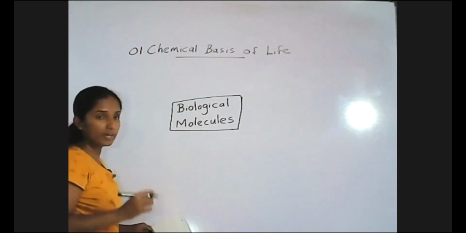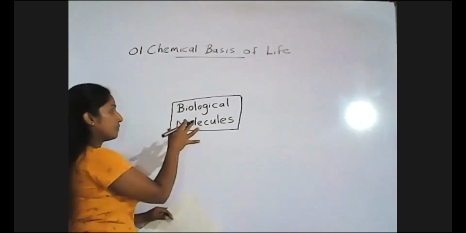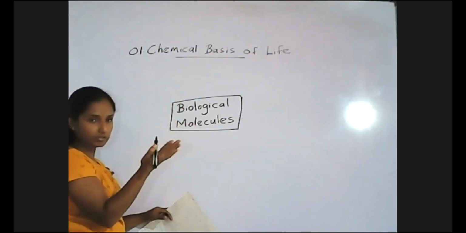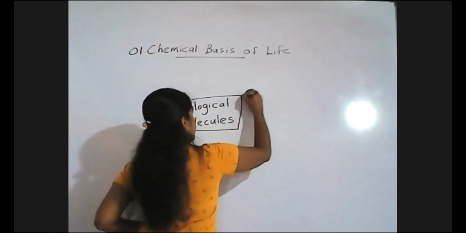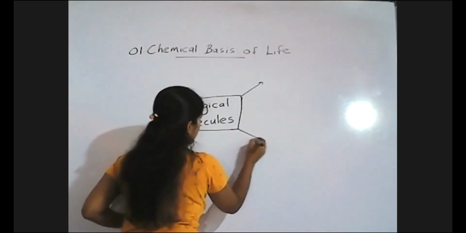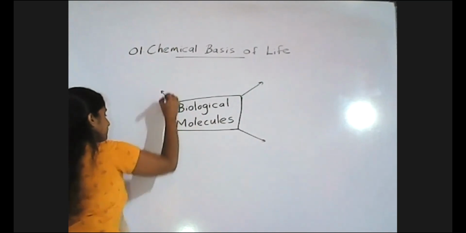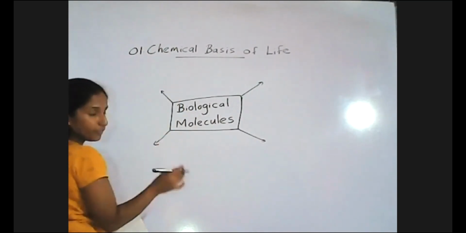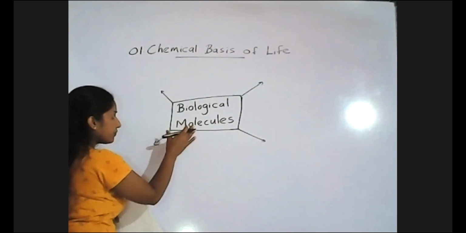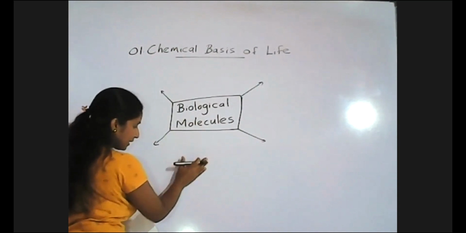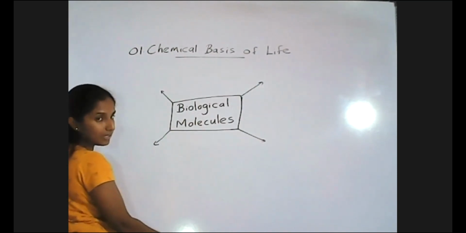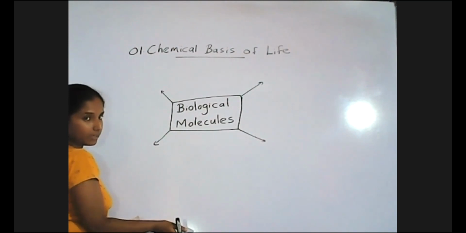I told you in this lesson, we have to discuss 4 biological molecules. Then we divide this one into 4 sections. This one you can do as you wish. If you write one by one, carbohydrate, then protein, then lipids, like that, then it is okay.